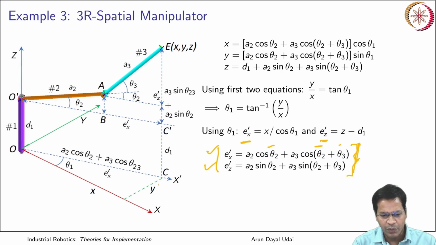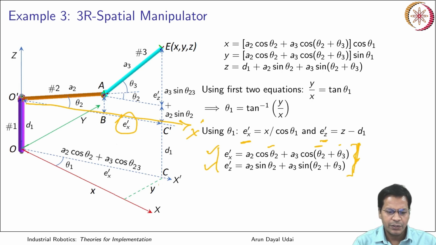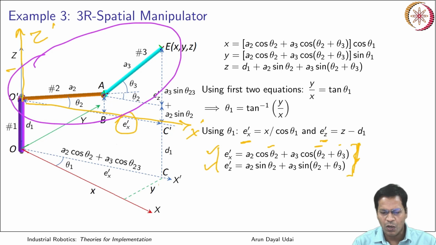Effectively this was your x, let us say this is your x prime. That is a new x-axis, and this is your z prime, that is also equal to z because both are aligned together. So this is your 2R subset. Now what we know is X dash and Z dash, these two are known.